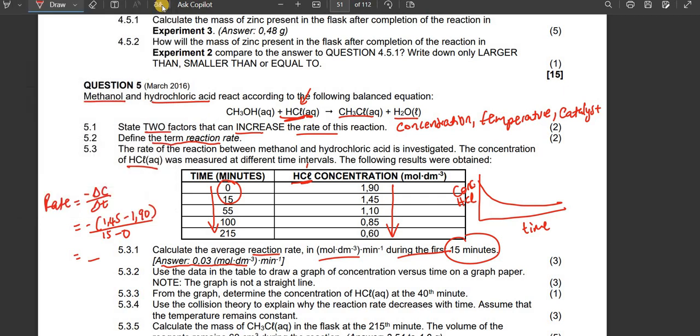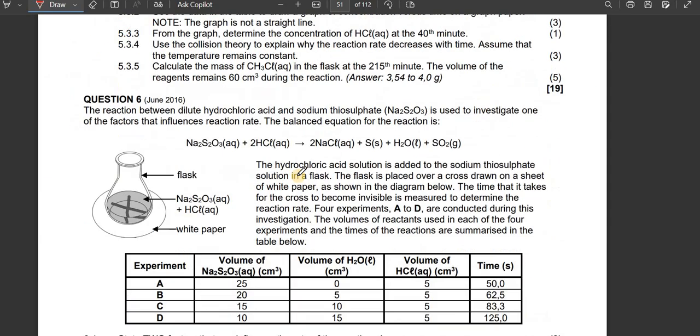Exactly the answer there. So indeed, this is 0,03 mole per decimeter cubed per minute. I'm saying per minute because they wanted it in per minute. If they wanted it in per second, I would have to change that minutes to seconds. So it's important to know the unit. So I just wanted to show that and how you do that.